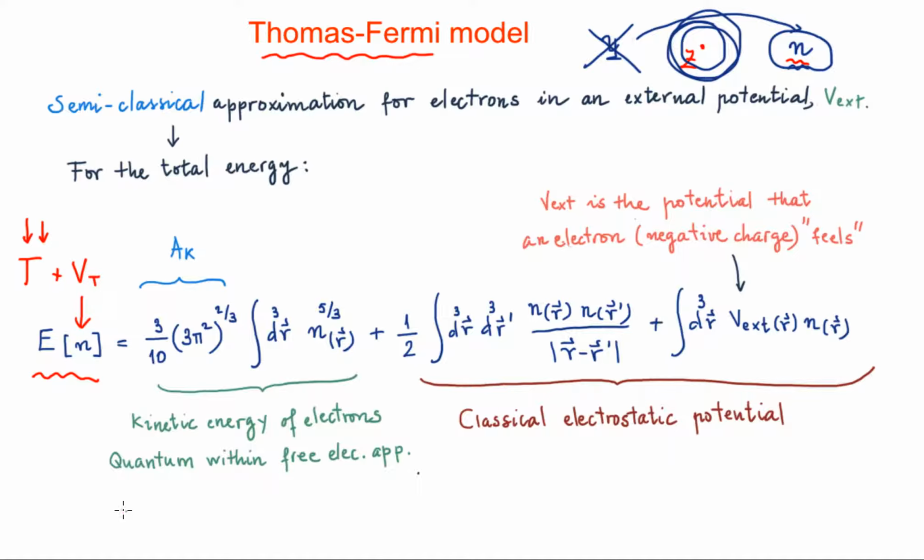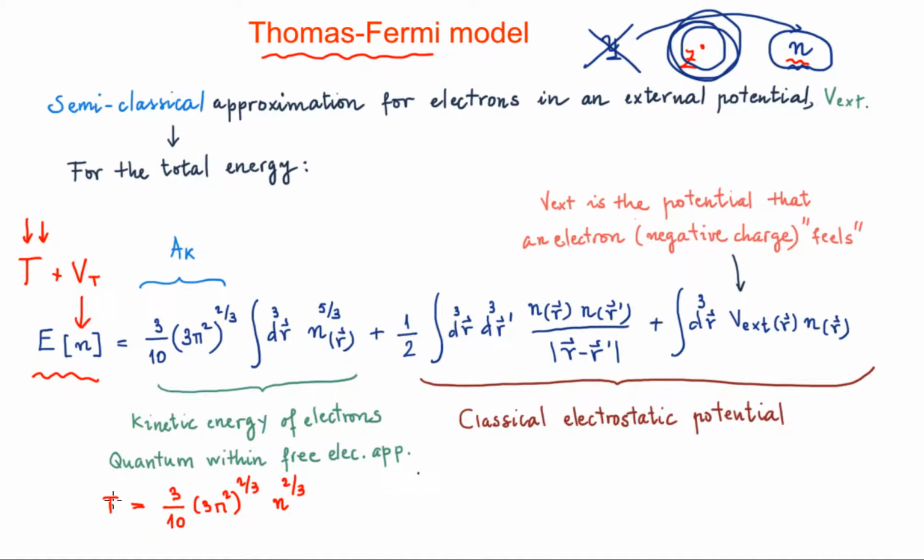So if you remember, the expression for the kinetic energy per particle in the uniform gas was 3/10 (3π²)^(2/3) times the electronic density to the 2/3.